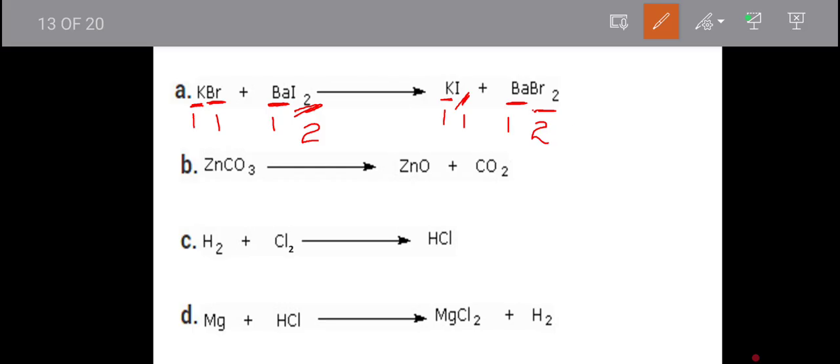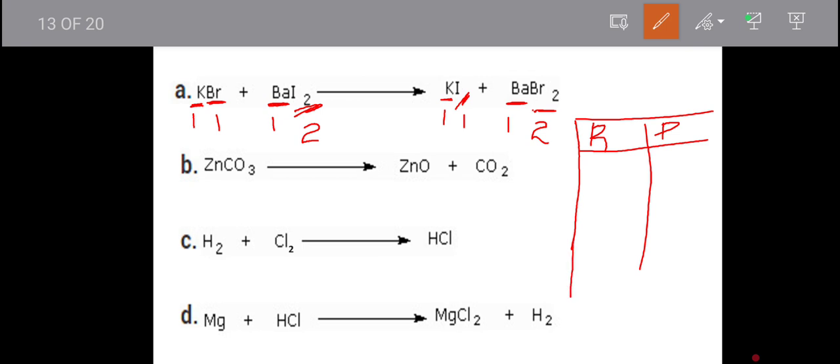Or else, what you can do is make a table over here. In the first column you can write reactant, in the second column you can write product. You see what the reactants are. In the reactant case, potassium is there.